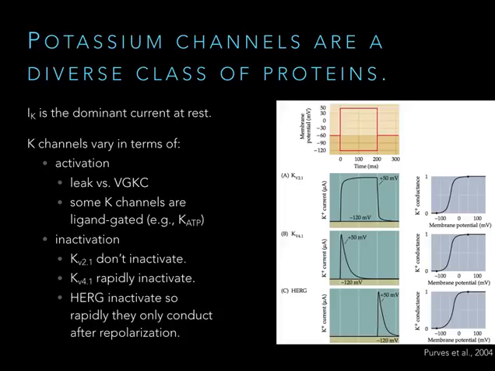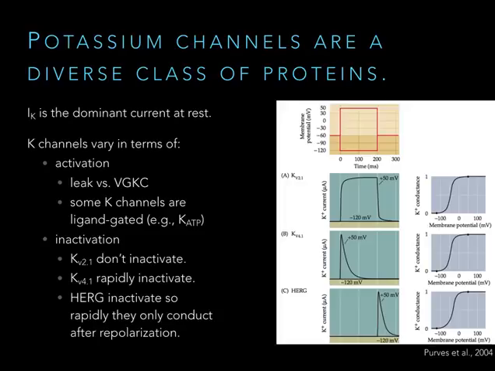And then inactivation can actually occur. Kv 2.1 channels don't inactivate, but there are others who do. Kv 4.1 is a different potassium channel that does rapidly inactivate. And then there are other potassium channels that inactivate so rapidly that they actually will only conduct after repolarization has occurred.